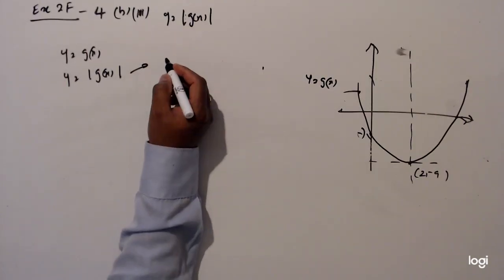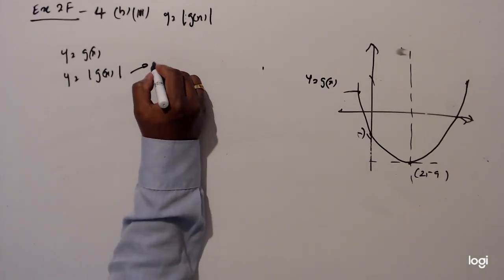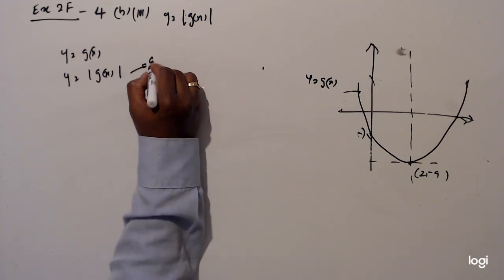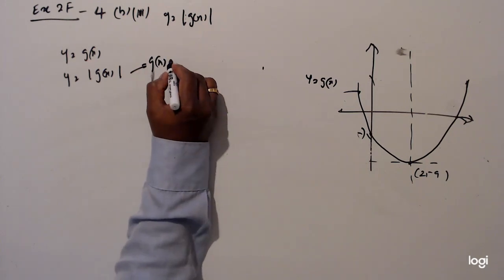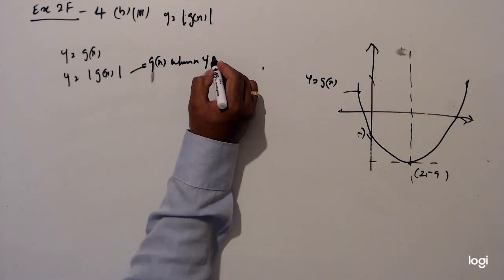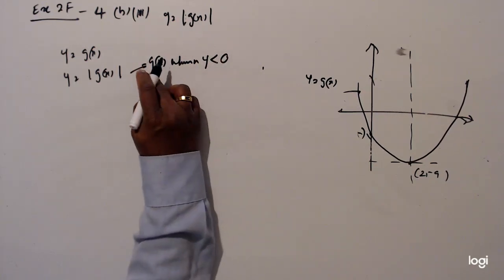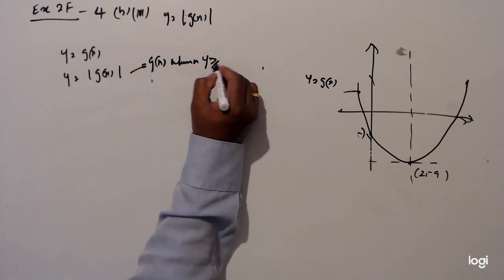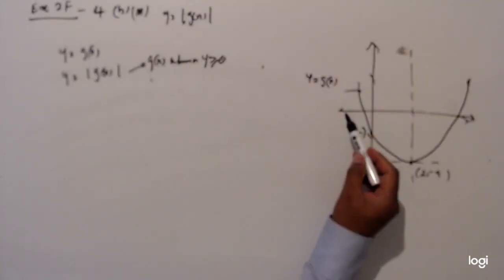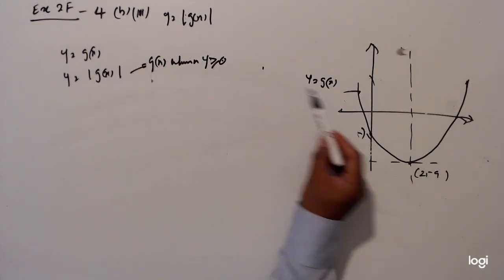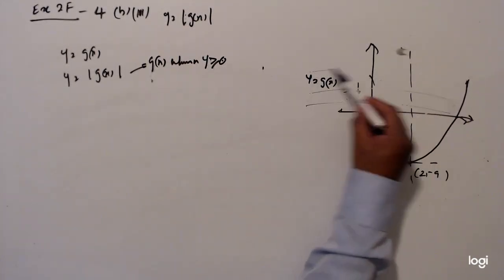We are considering two areas: the g(x) graph where y is less than 0, and where y is greater than or equal to 0. So for y greater than or equal to 0, this is the area.